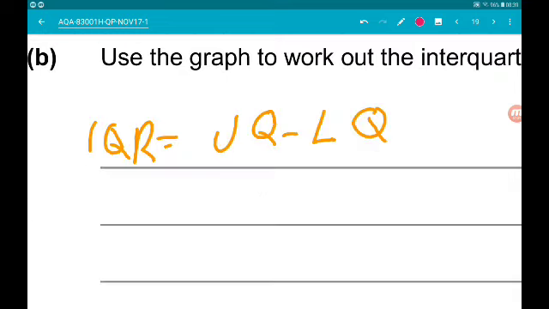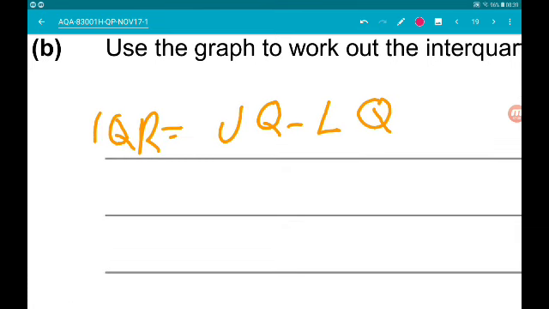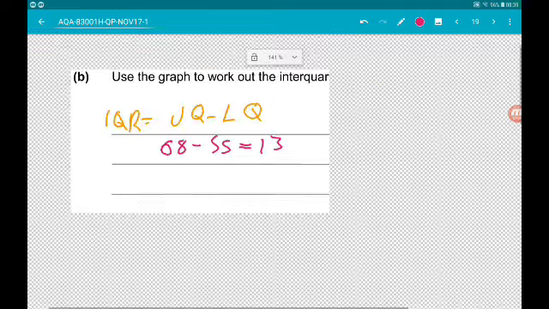So our interquartile range is 68 minus 55 is 13. You might get it slightly different because our graphs will be different. Anything in that sort of region though is fine.